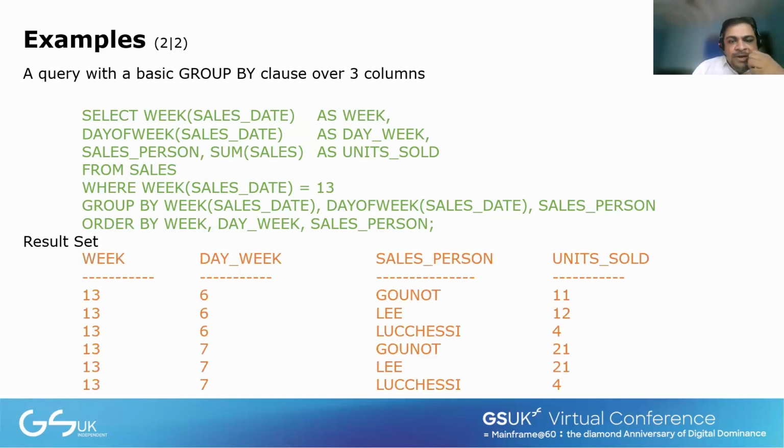That's how output might look like. If you see the left hand side, the week is all 13. The 13th week, there are 6th and 7th day of the week, these guys. And if you see, it's all sorted. So you can have a very formatted sort of data and you can create a lot of complex queries to get all these. Just to give you a brief refresher of how the SQLs look like and what other stuff you can do.